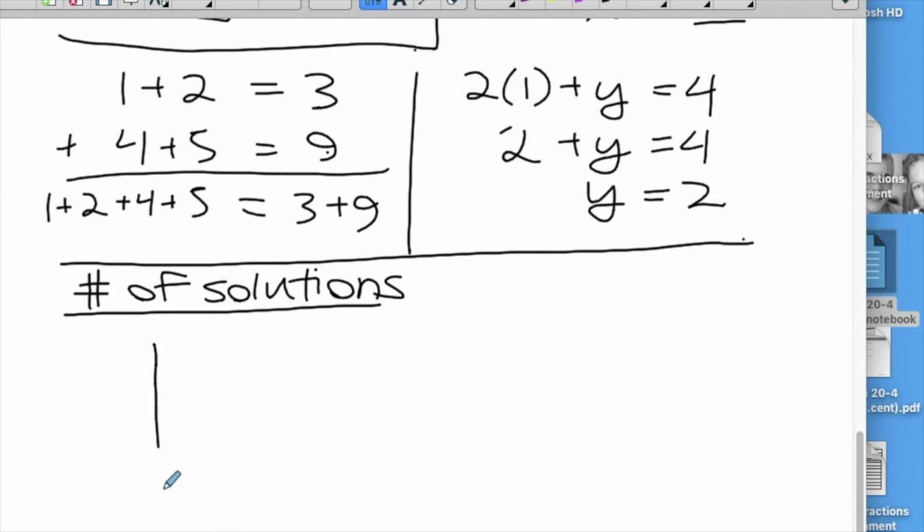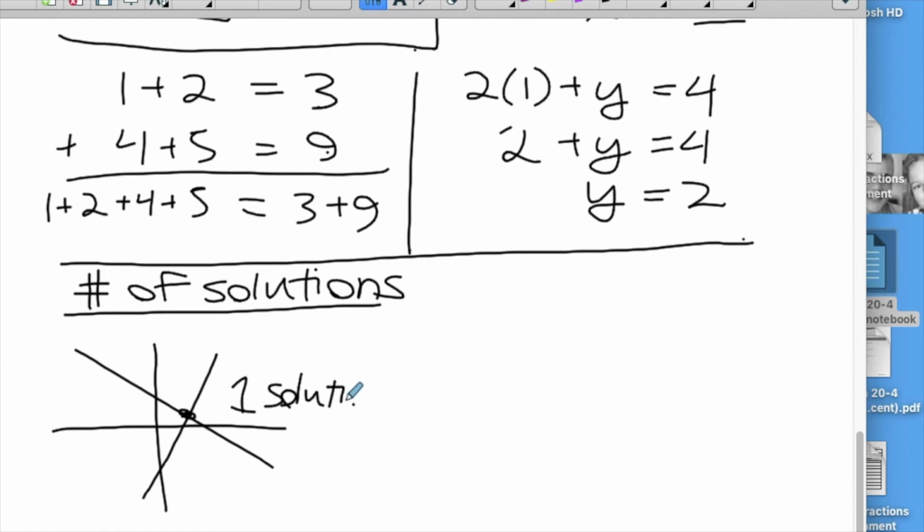If two lines intersect, you're going to get one solution. Okay. Do all lines intersect, though? No. If two lines don't intersect, what are they called? Parallel. Yeah.